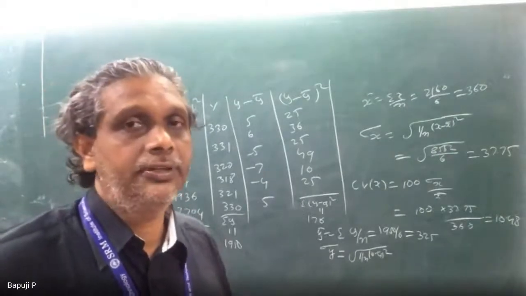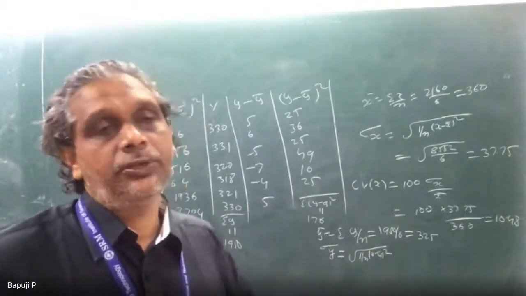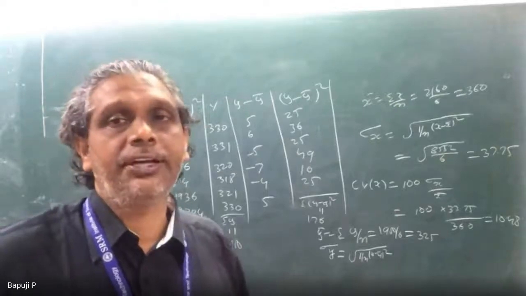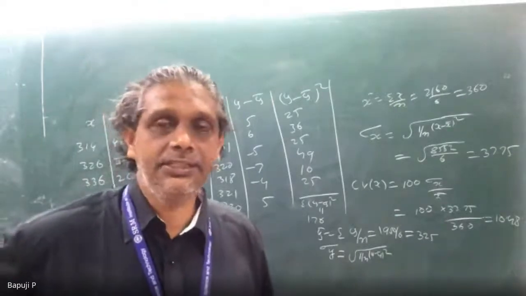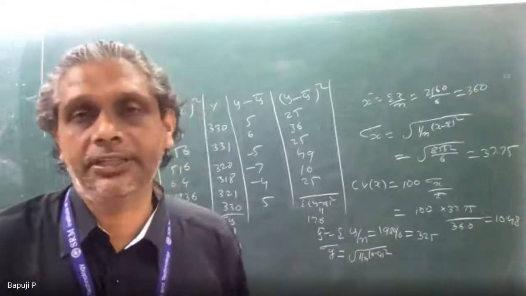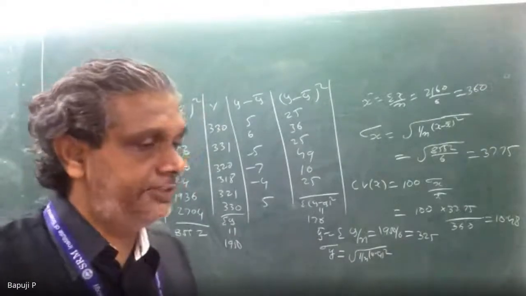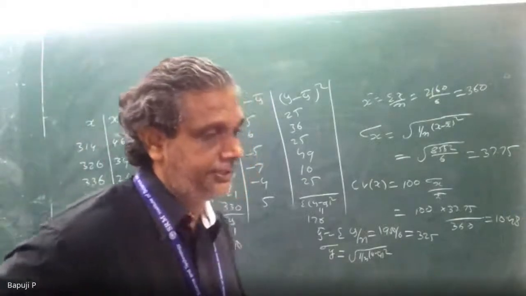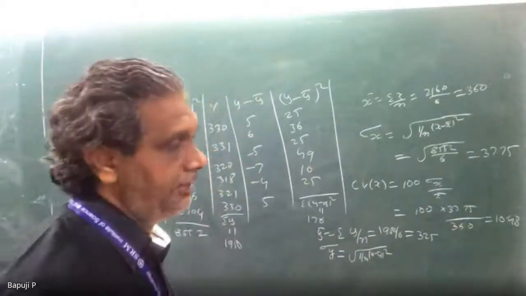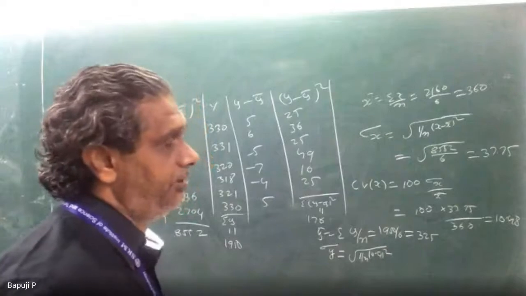I want to find out which of the two is more variable. So I am finding the coefficient of variation of x and of y, and from there I will decide which has the highest value, that is, the more variable one. Only two objects of the same kind can be compared with one another.